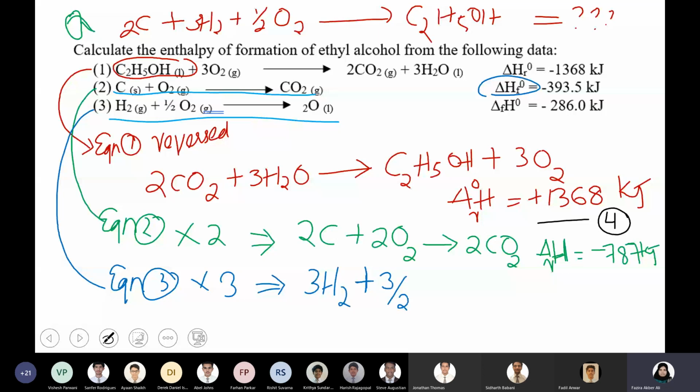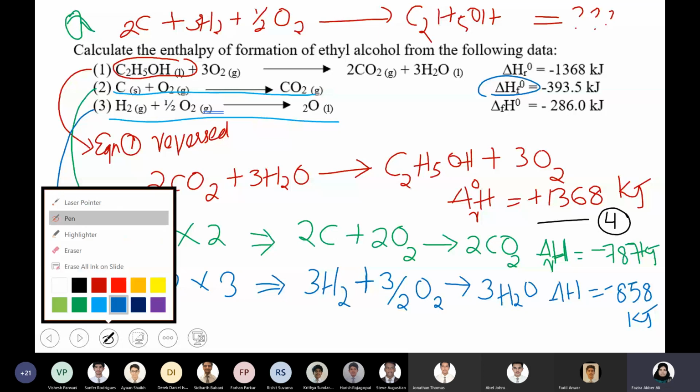And that will become 286 multiplied by 3. Delta H will be minus 858 kilojoules.